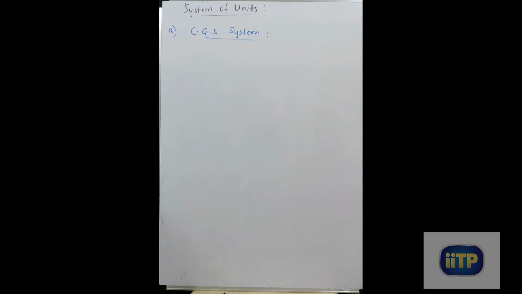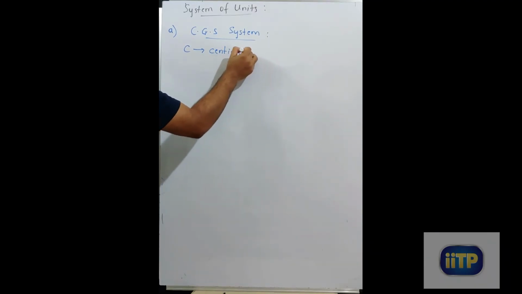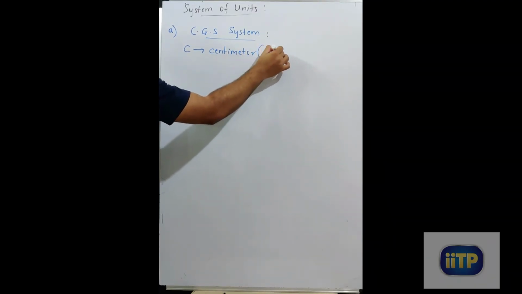System of units. So first system is CGS. Let me explain. In this system, C stands for centimeter, that is of length.